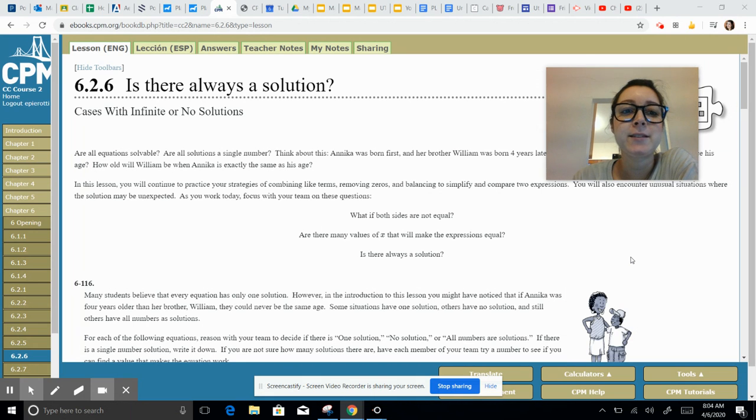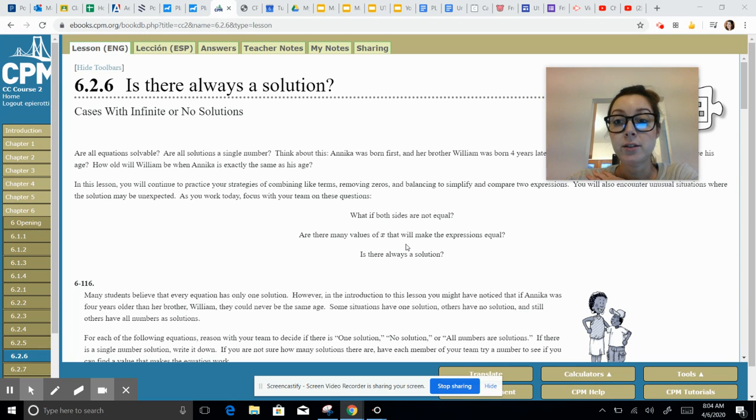This is 6.2.6. This is cases with infinite or no solutions. So even though this sounds really crazy, it's actually not, and it should be pretty simple to understand. Over the past couple weeks, we've been working on equations where there's one solution, like x equals -2, or x equals 3, or x equals 0.